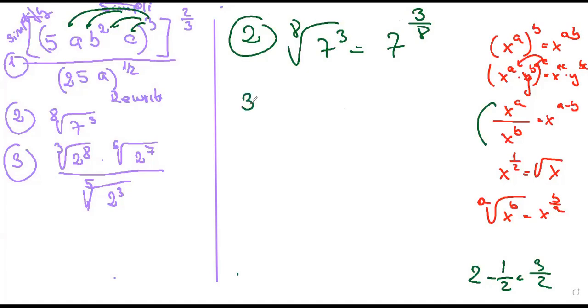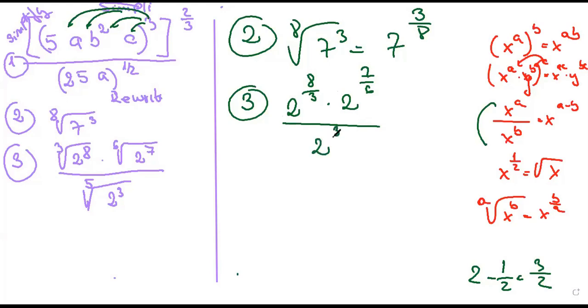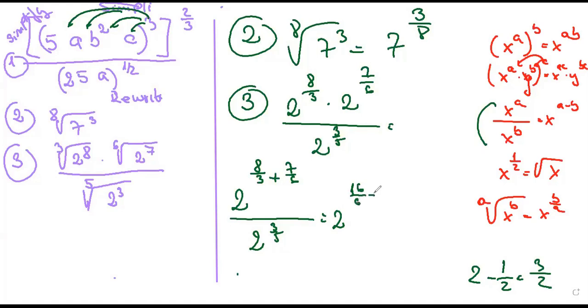Let's start 3. So it's 2 to the power of 8 over 3 times 2 to the power of 7 over 6, over 2 to the power of 3 over 5, equal 2 to the power of 8 over 3 plus 7 over 6, which becomes 16 over 6, plus 7 over 6, minus 3 over 5.